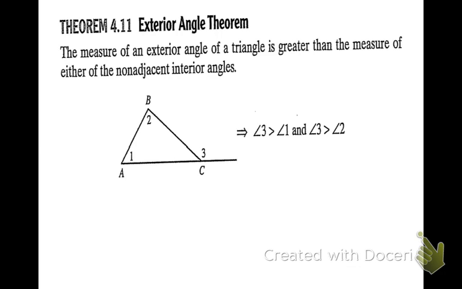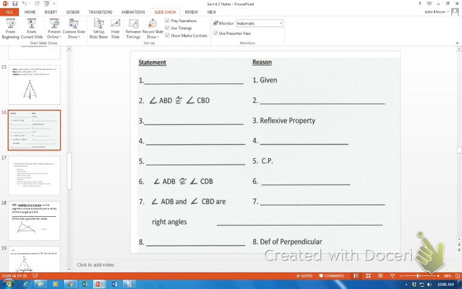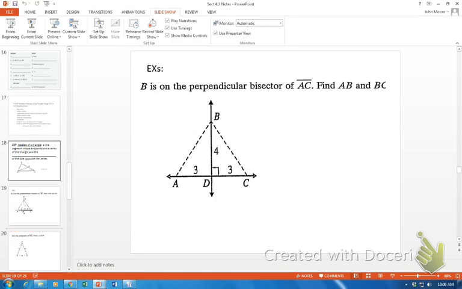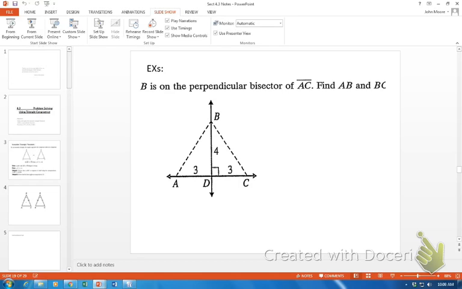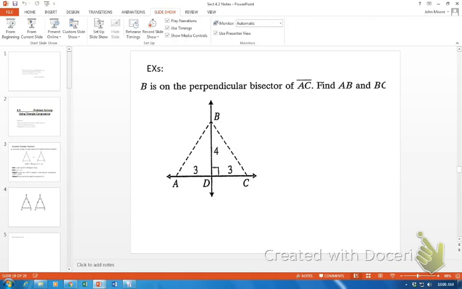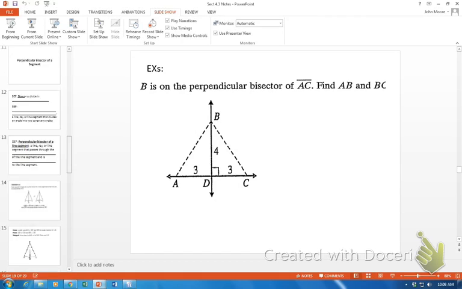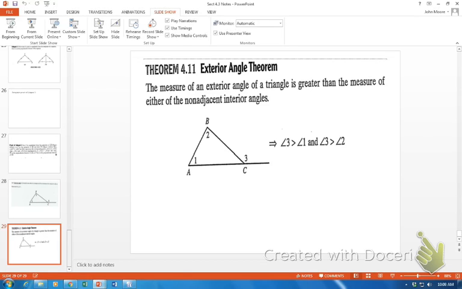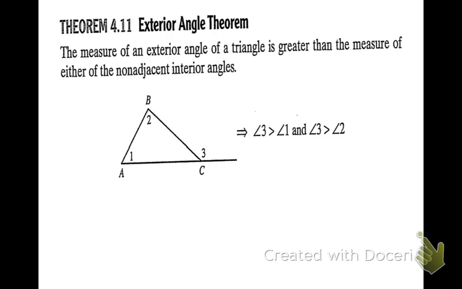Let's add to this. We're going to show that angle 1 plus angle 2 is equal to angle 3.